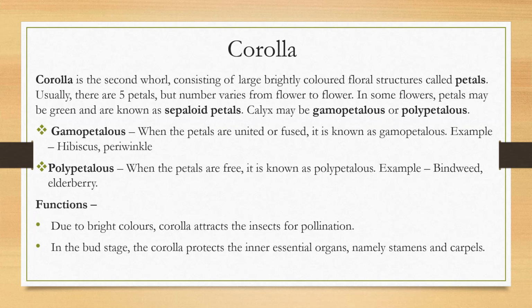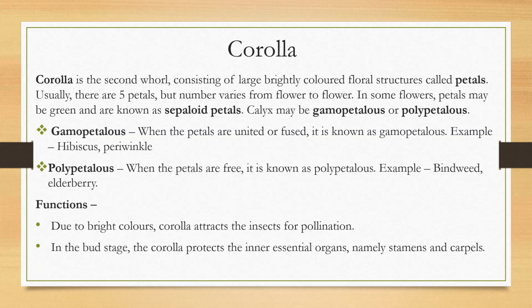Then we come to the second whorl that is called corolla. Corolla is the second whorl consisting of brightly colored large floral structures, petals. Usually there are 5 petals, but the number varies from flower to flower.